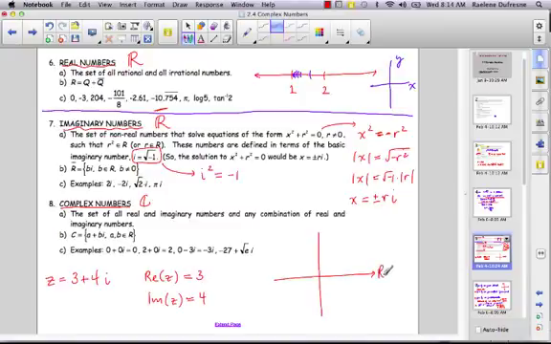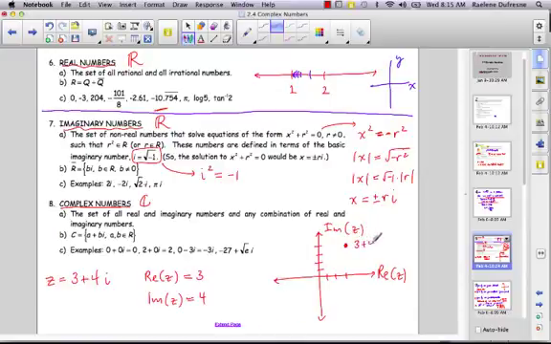So we plot the real part of z along the horizontal axis, and the imaginary part of z along the vertical axis. This allows us to take a one-dimensional number and plot it into two-dimensional space. So we plot 3 along here and 4 along here.